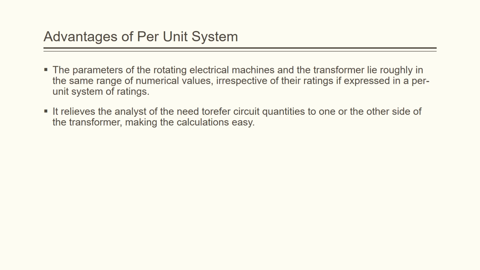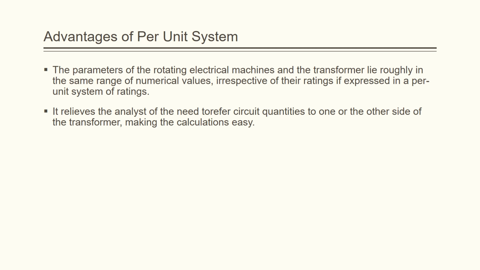Advantages of per unit system or per unit values. Manufacturers generally specify the ratings of equipment in per unit. Any unknown value can be easily assumed if the representation is in per unit. The per unit impedance of a transformer is the same irrespective of whether the primary or secondary side is referred. This will not be the case in normal ohmic representation. Per unit calculation is very simple based on the reduction in complexity.